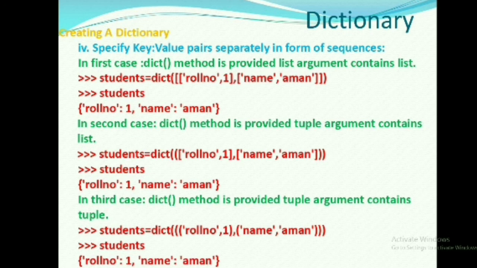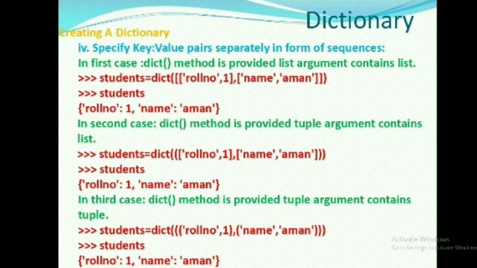In the second case, the dict method is provided a tuple argument and contains lists as elements. Students is equal to dict, and inside the dict function we have round brackets and square brackets. Round brackets indicate the tuple argument and square brackets indicate list elements.